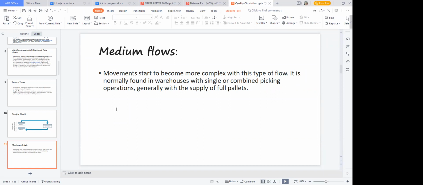Single combined picking means there is a place where not only do we keep the inventory, the product, but we also have to do another process, picking process, packaging process. So when we have this type of activities in the warehouse, we call it medium flows.